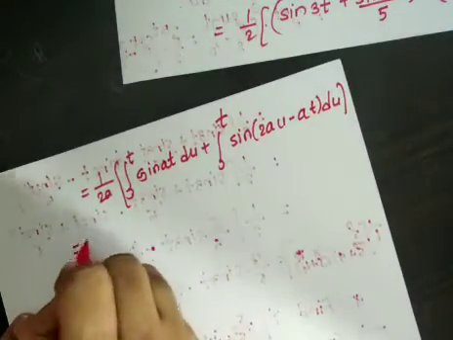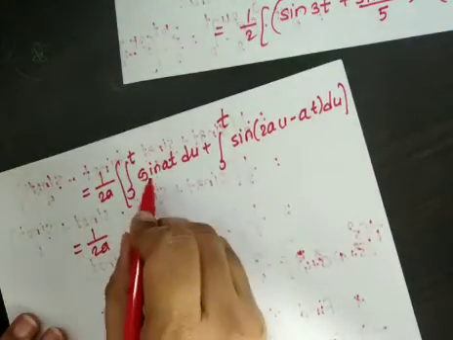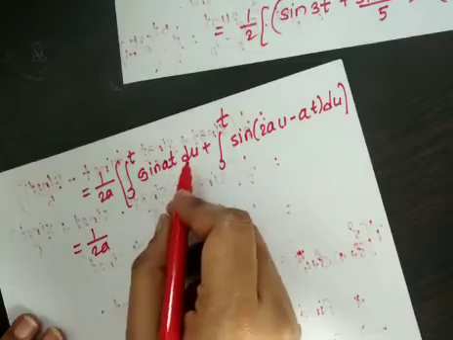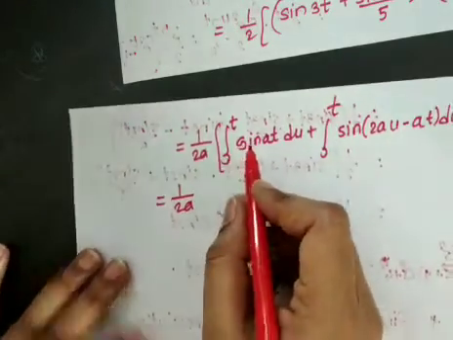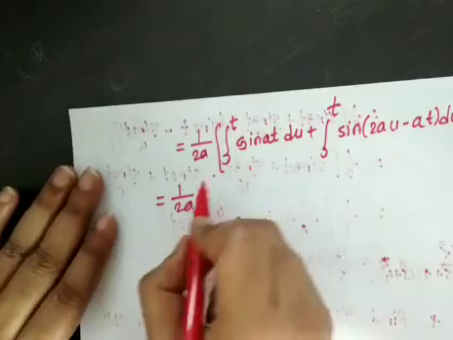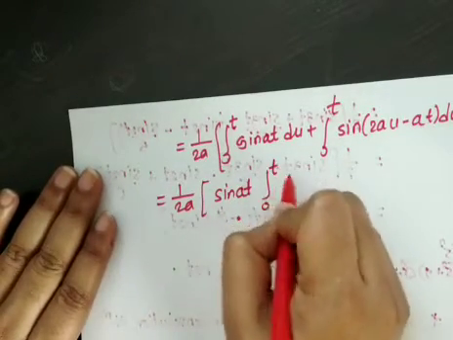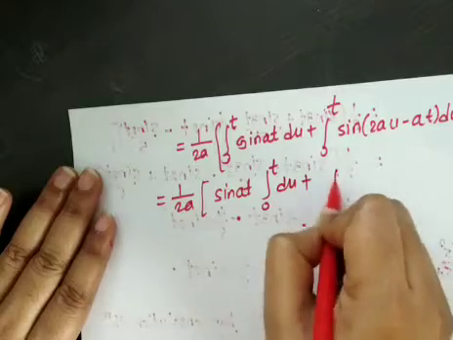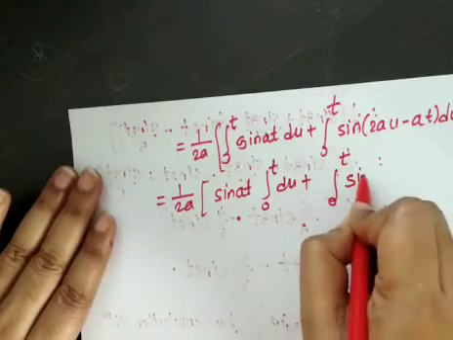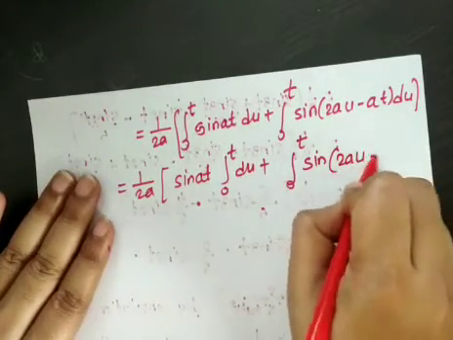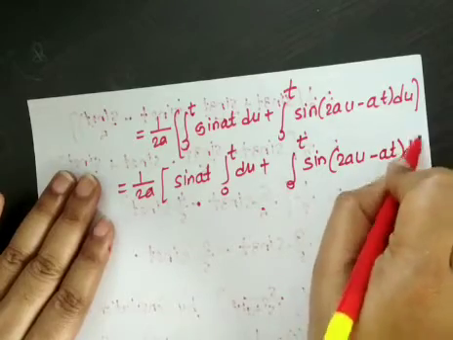That is 1 upon 2a integration of sin at du with respect to u, and it is a function of t, so it is constant. It will come out of the integration, so sin at integration du plus integration 0 to t sin(2au minus at) du as it is.